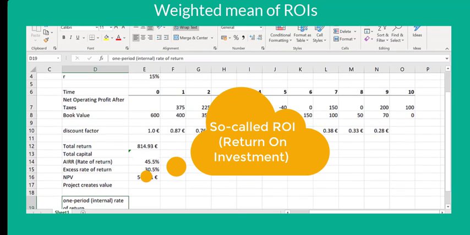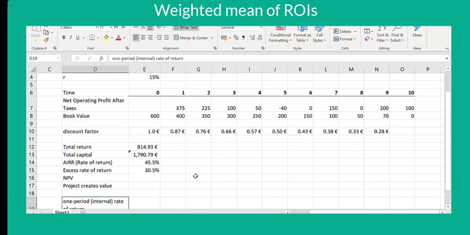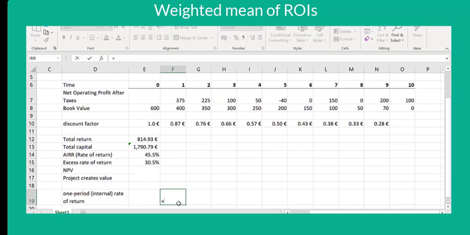Okay, let's start with the first rate of return. Now the profit in year 1 is 375. We divide this profit by 600 invested capital.